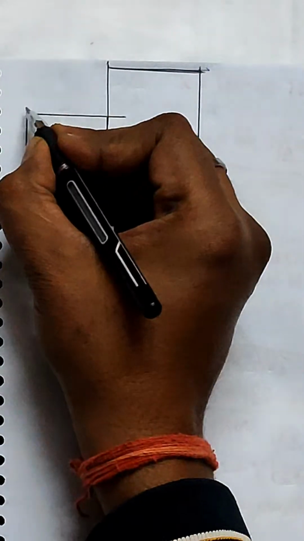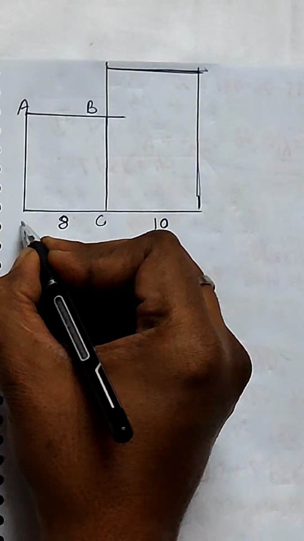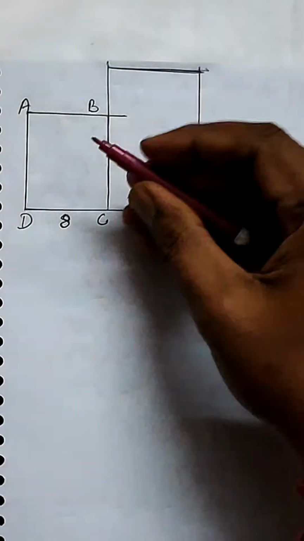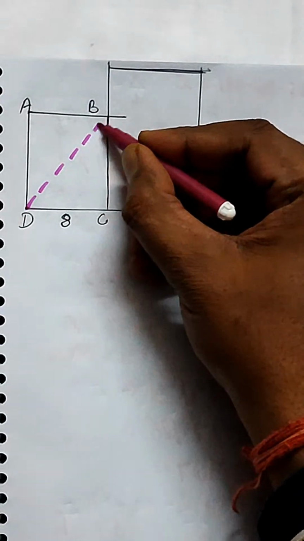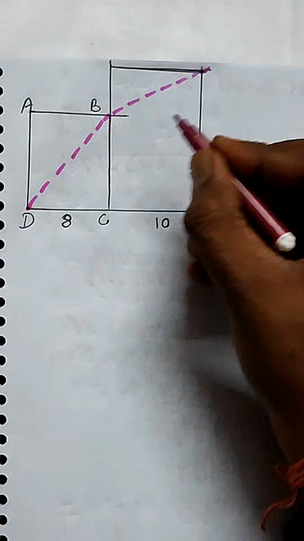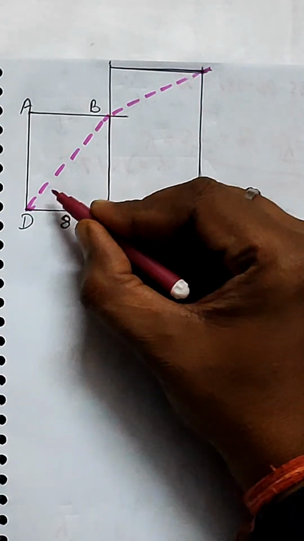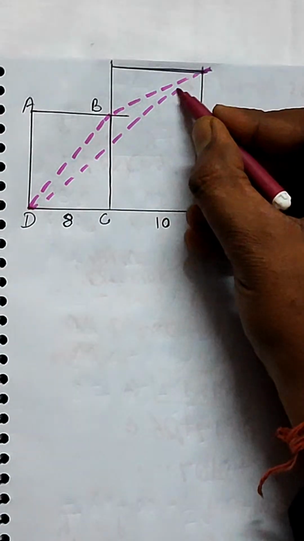Let's say ABCD is a square. Then we need to find the area of this triangle. Let's say this is a triangle which is formed, connecting this, and this is the third side of the triangle.